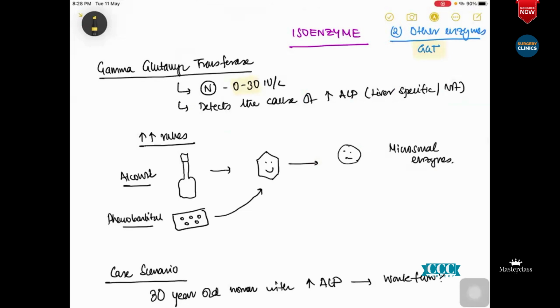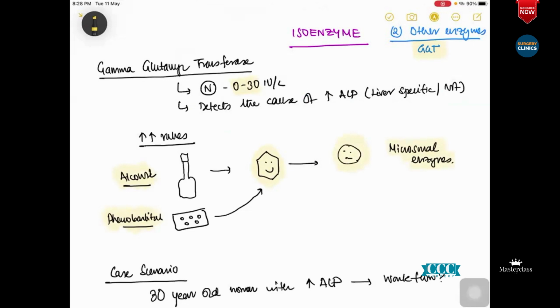Suppose you have a patient who consumes alcohol or hepatotoxic drugs. The normal hepatocytes get induced because the microsomal cytochrome CYP enzymes get damaged by alcohol or drugs, and you have hepatic failure because these cells are getting destroyed.